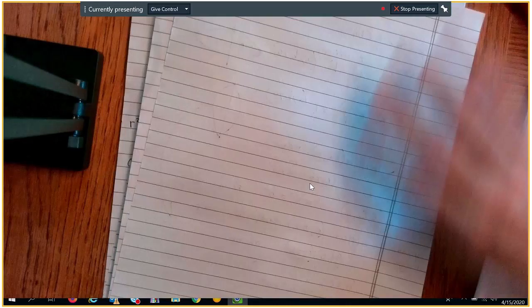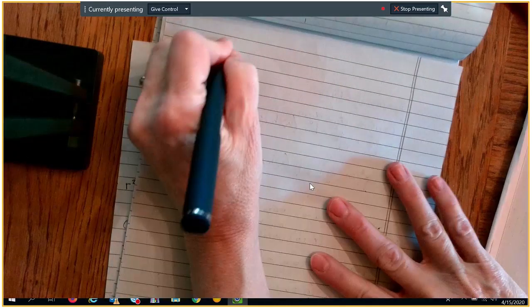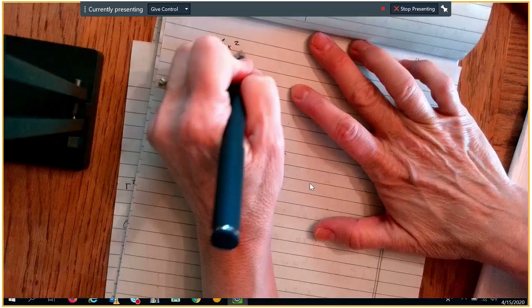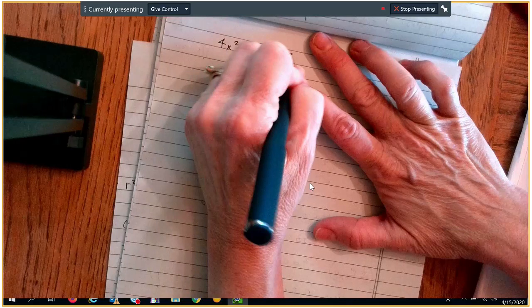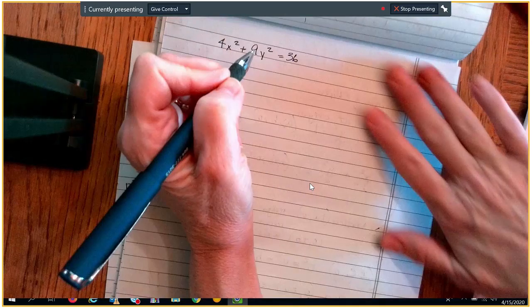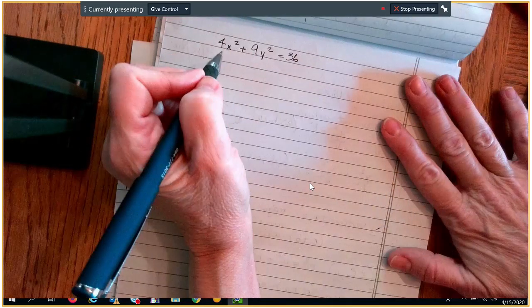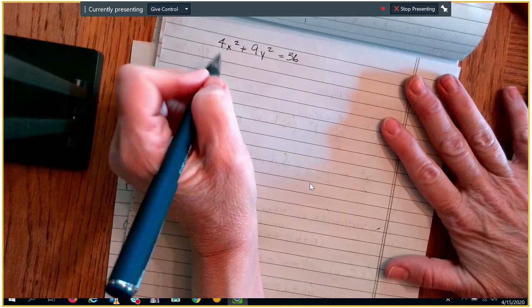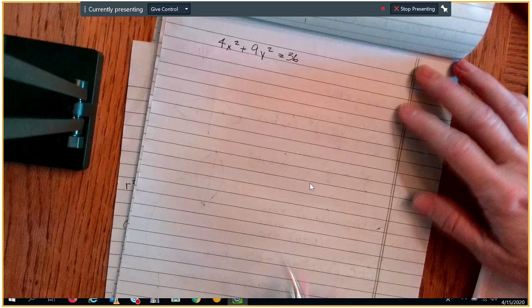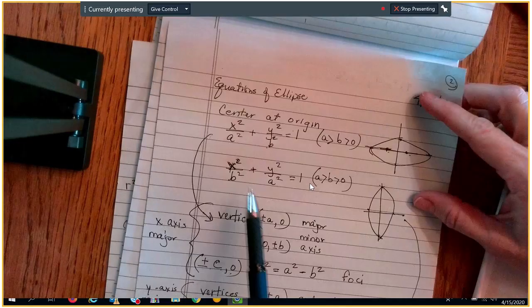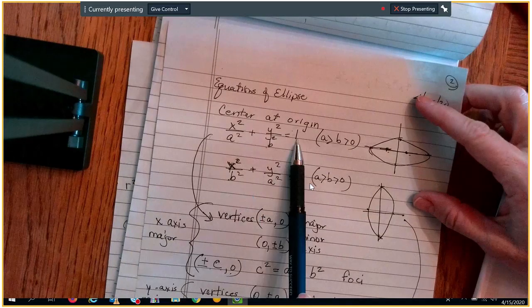So if we look at the equation 4x squared plus 9y squared equals 36. Then our equation told us, back here, that we wanted this to always equal 1.